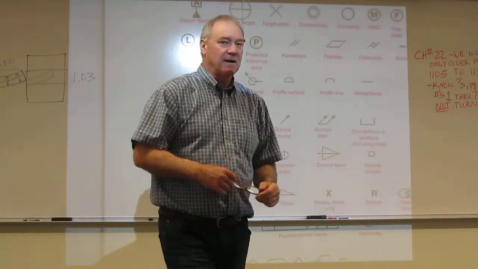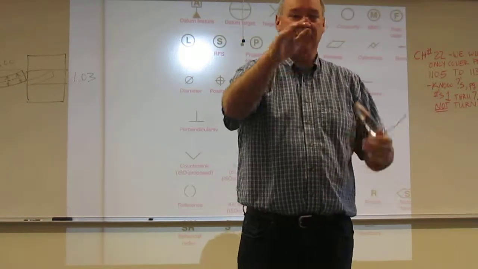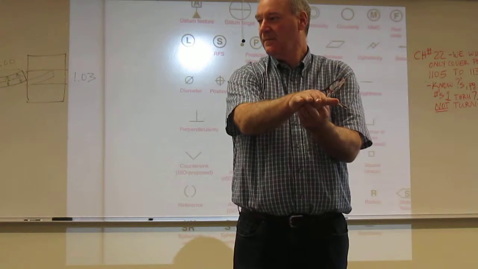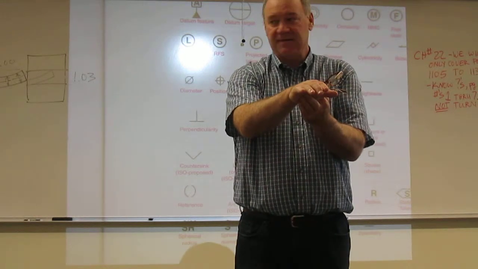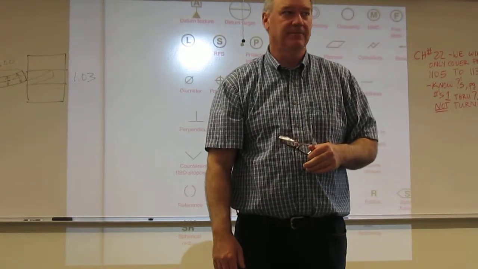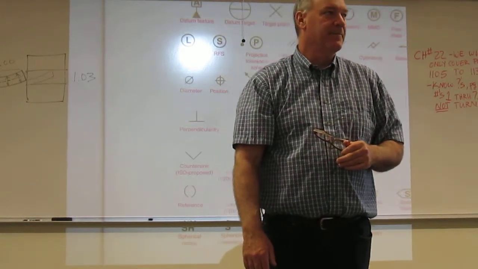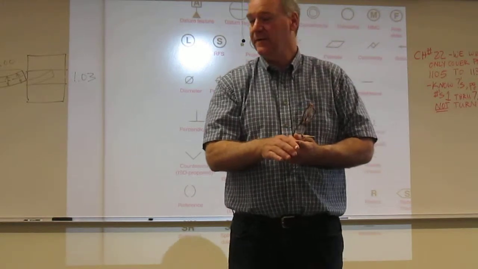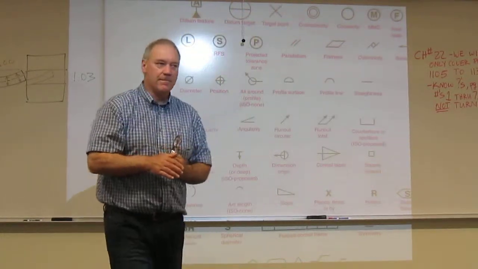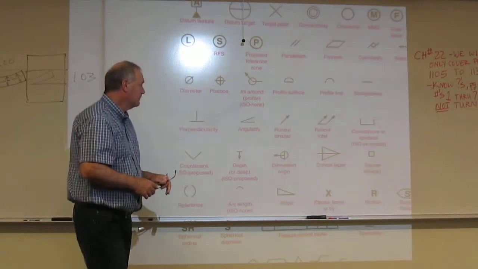GDT. I've got a tabletop. I'm comparing the tabletop flatness to itself. What about slope? Slope is a single line. It is an individual. Straightness is an individual. Slope's not in relation to anything else. Runout is individual.